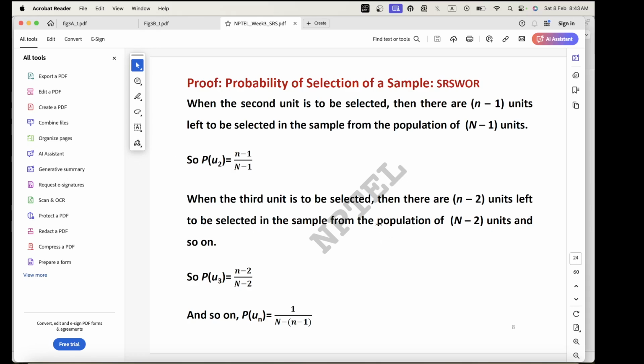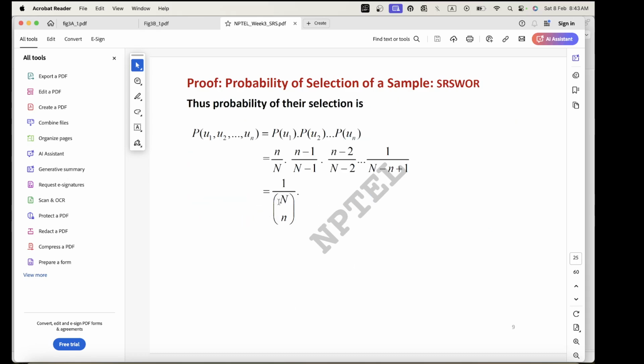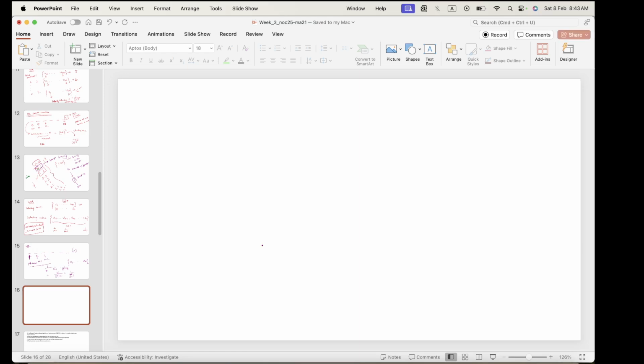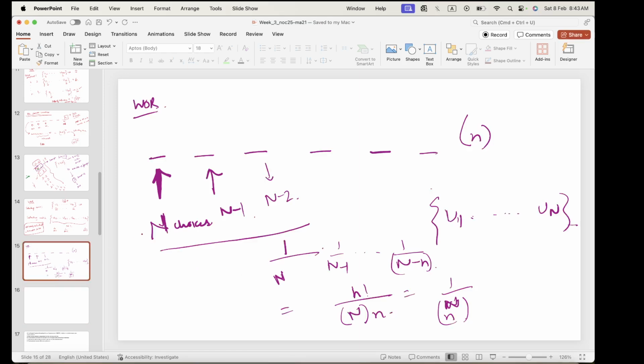When the third unit is selected, then n minus 2 units are left to be selected from a population of N minus 2. So if we just go on, this is going to give us 1 by N choose n. And what I explained is this thing.